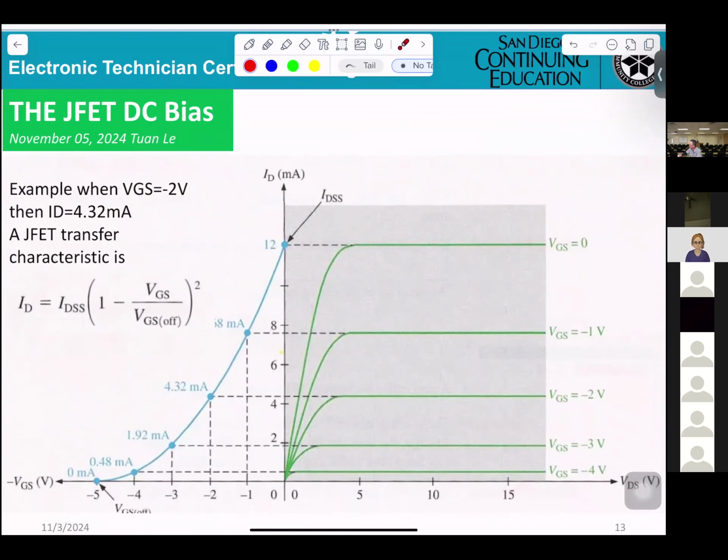Now we'll see what else. You know the IDSS, and this is the VGS off. So for example, when VGS equal minus 2 volt, right here, minus 2 volt.